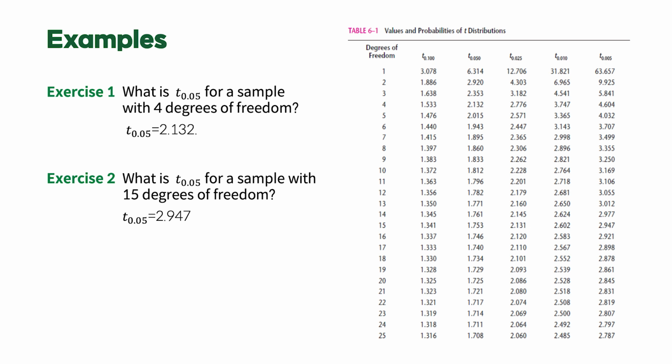You go to row 4, and you find the corresponding t sub 0.05 value, which is equal to 2.132. That's how you use the t-distribution table, analogous to using the standard normal distribution table for finding the z-scores or the t-scores.